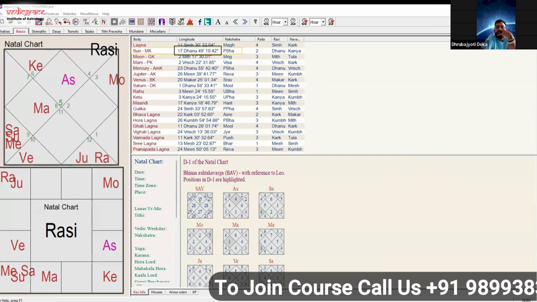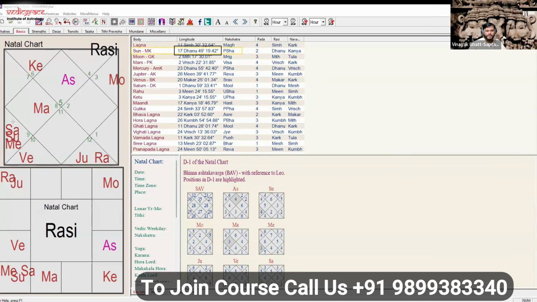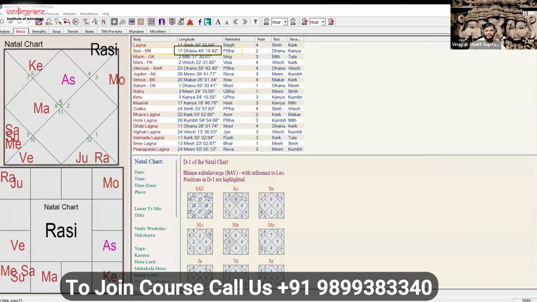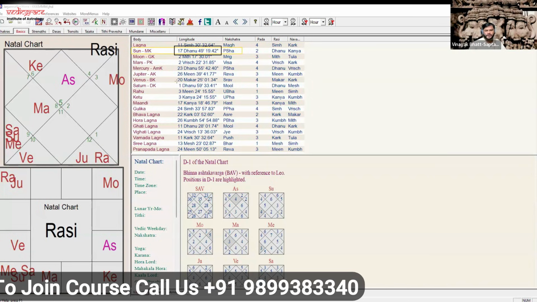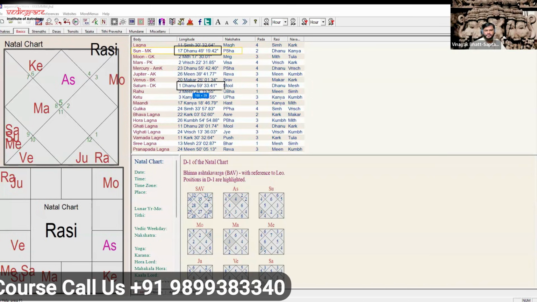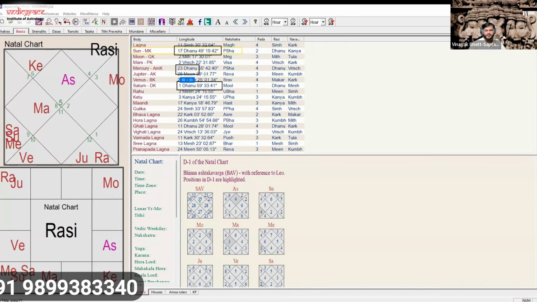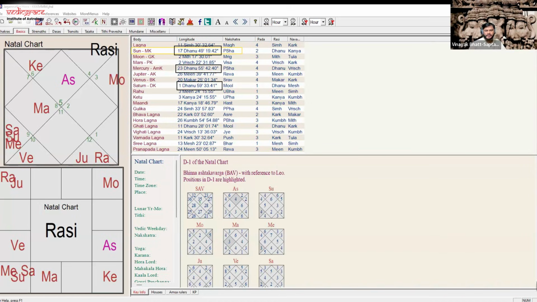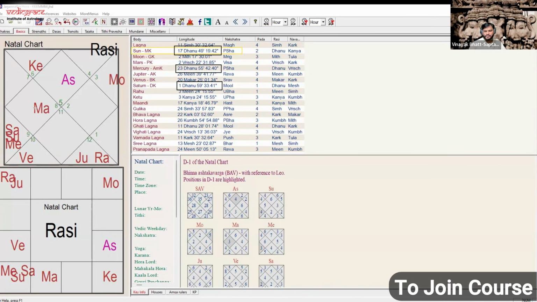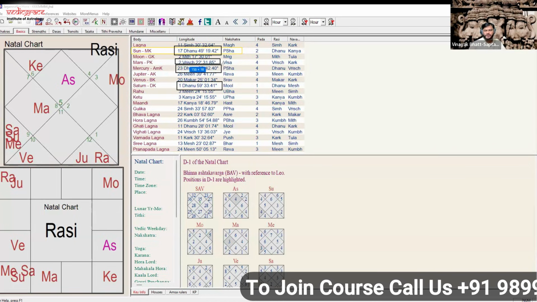Now Sun is with Saturn and Mercury. Saturn is at 1 degree. Mercury is at 23 degree. And in our upcoming classes, you will realize I can go to the previous house also, which is Mars. Mars is at 2 degree.